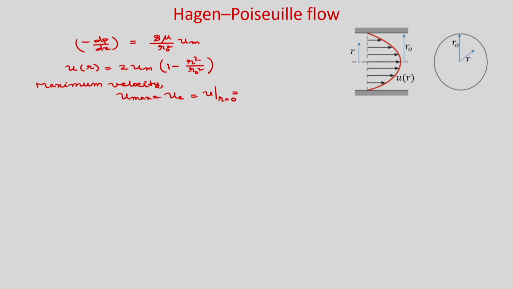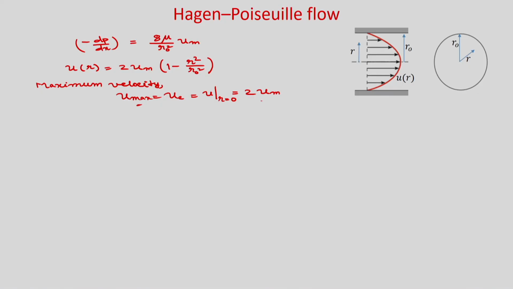If you put it here, you can see that it will be just twice u_m. So, when you consider the flow inside a pipe, your maximum velocity will be twice the average velocity or mean velocity.